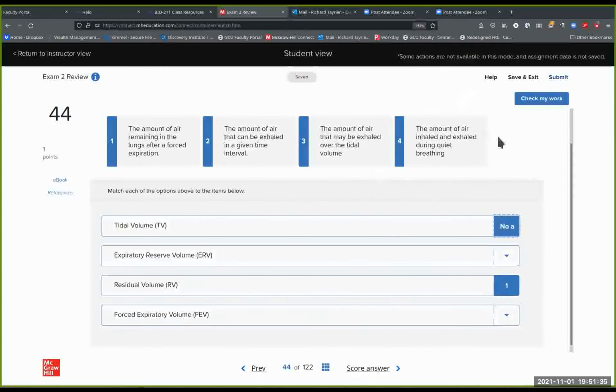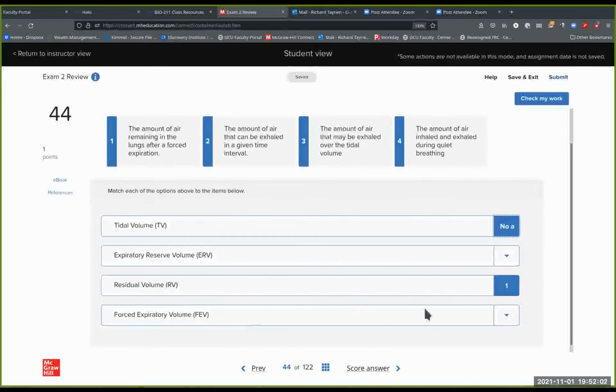So one of these is going to be above, and one is going to be actually a maneuver. So the amount of air that can be exhaled in a given time period, that's a measurement of how severe your bronchospasm is in an asthmatic.